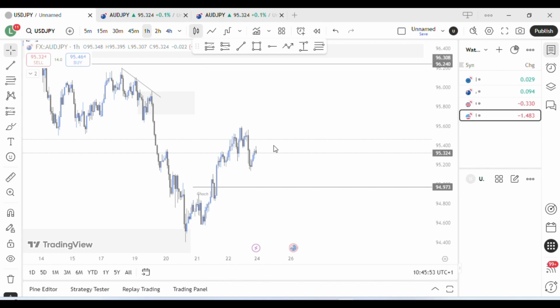Say if USDJPY is not convincing me, I'm going to jump into GBPJPY, so GBPJPY is going to be clear for me. That is what I do. I don't just take any trade.